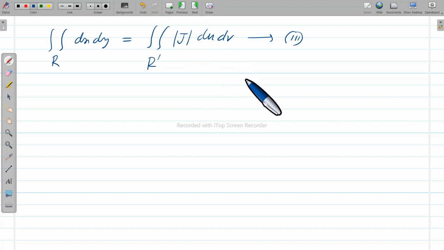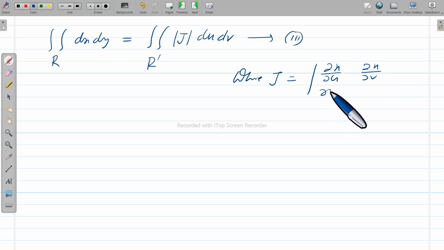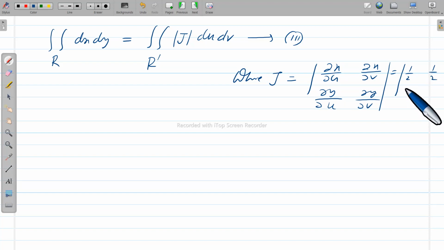We need to find J, so please write down J equals the determinant of del x del u, del x del v, del y del u, del y del v. Ultimately it is 1 by 2, 1 by 2, 1 by 2, minus 1 by 2.